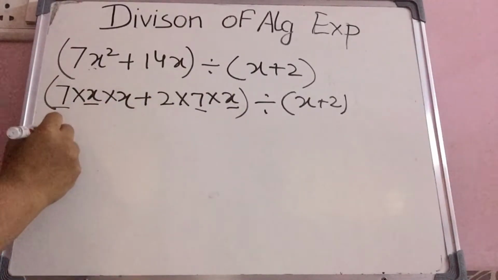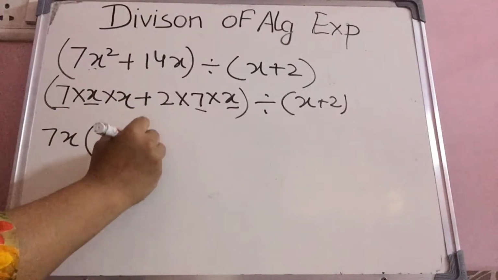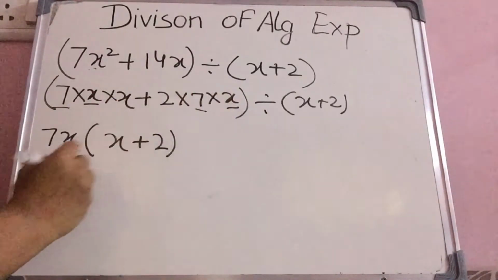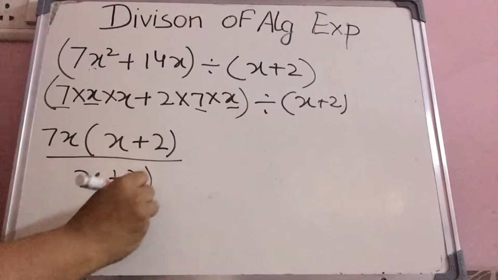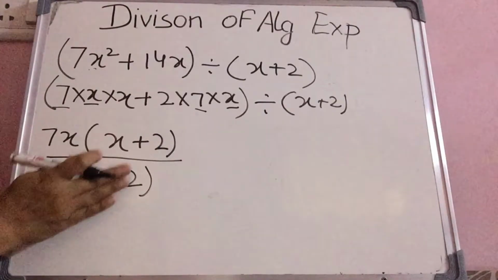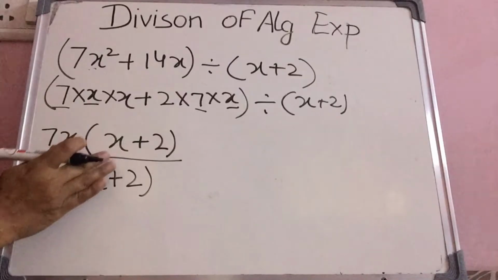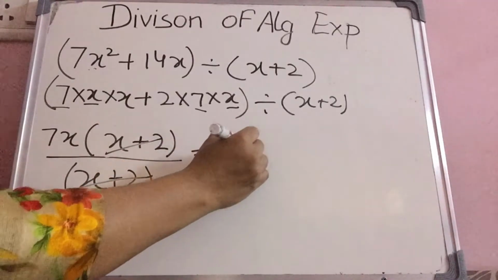We'll do it by regrouping, 7x into x plus 2. It is divided by x plus 2. Now see, these two are same terms, we can cancel them out, so we get 7x as the answer.